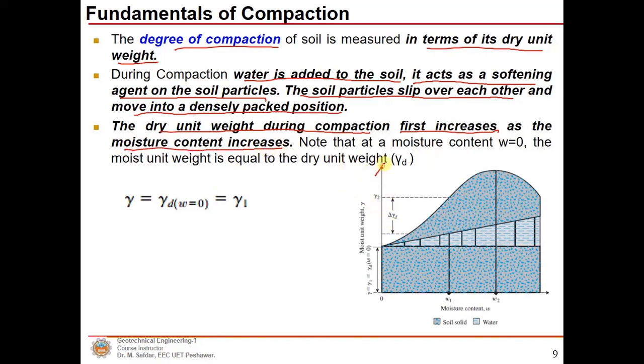For example, if we want to draw the moist unit weight and the moisture content, so moisture content on the x-axis and moist unit weight on the y-axis, initially if we start with the dry condition and we are adding water, what will happen is that it will initially increase and it will reach a point by changing the water content, and then after a certain amount of water, further increase in the water content will decrease the moist unit weight of that particular soil.